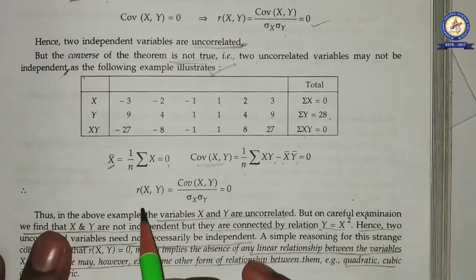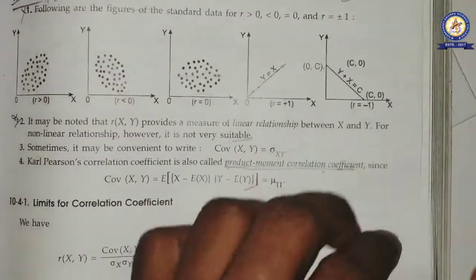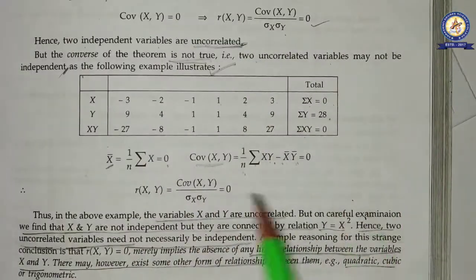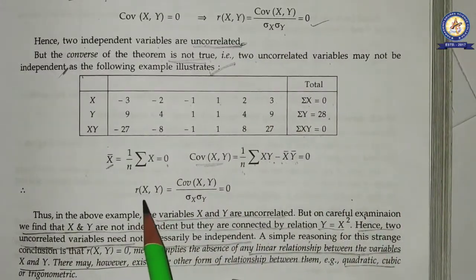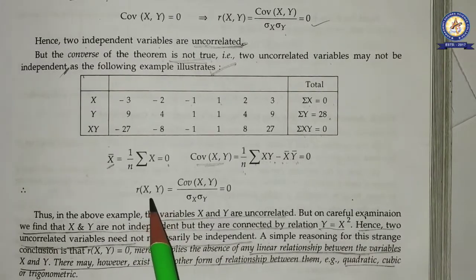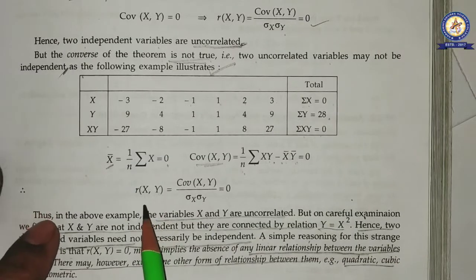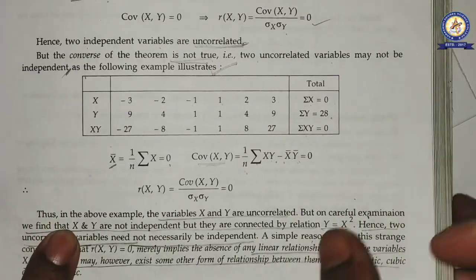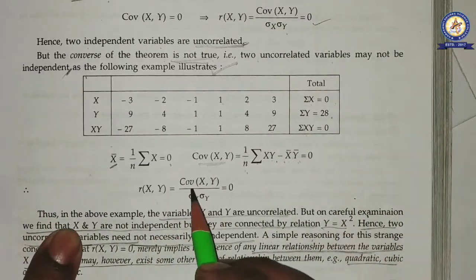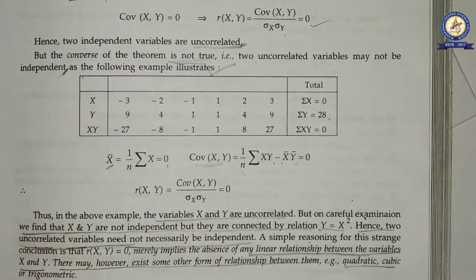So as we know, according to Karl Pearson's coefficient of correlation, r, the correlation coefficient between x and y, will be equal to covariance of xy by standard deviation of x into standard deviation of y.